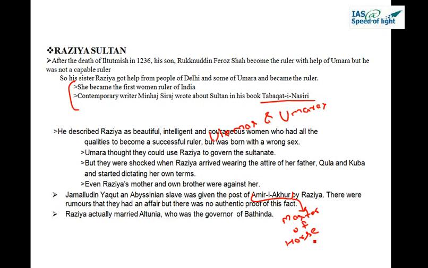They accused her of violating feminine modesty and being too friendly with an Abyssinian noble, Yakut. And she later married the governor of Bhatinda, Altunia. And she died, and her whole reign was a short one of 4 years, and she died in 1240 AD finally.